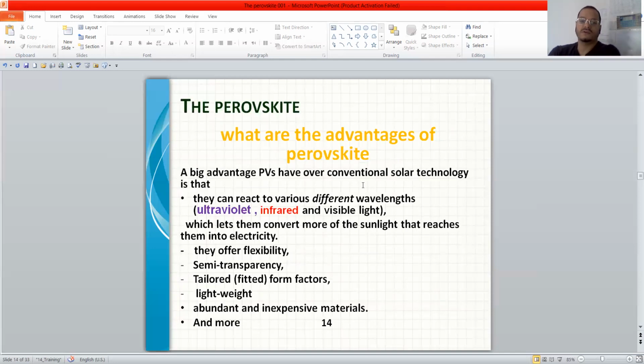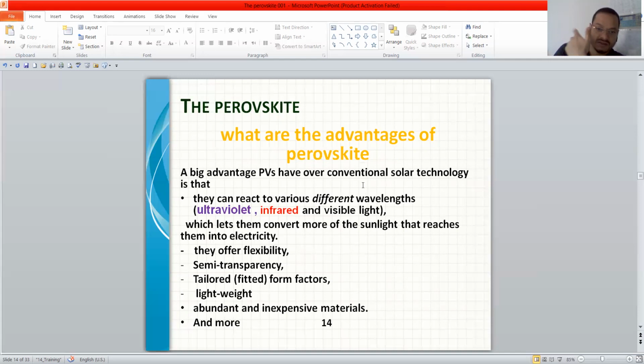Now let's discuss the advantages of the perovskite. Let's start with: it can react to various different wavelengths, like I said before, ultraviolet, infrared, and visible light, which lets them absorb more of the sunlight that reaches them and convert it into electricity.